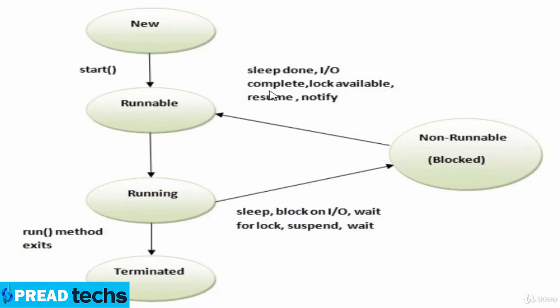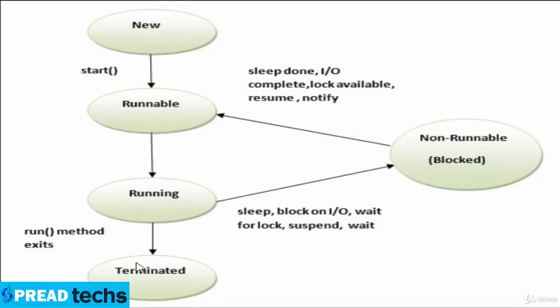When the sleeping is done, it goes back to runnable and then running, and at the end terminated when the run method exits. If it is not running, it goes to sleep, blocked on input and output, waiting for the lock, or suspended, and then it goes into the non-runnable condition, and then it is resumed and starts work again.